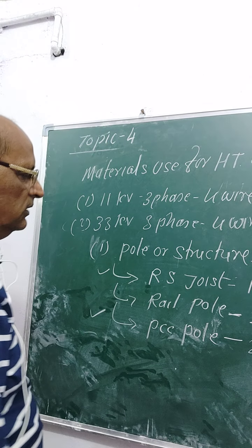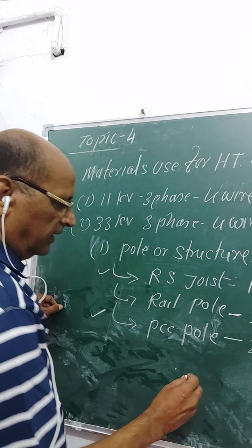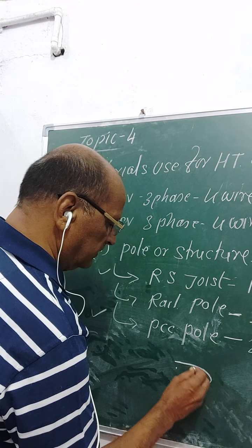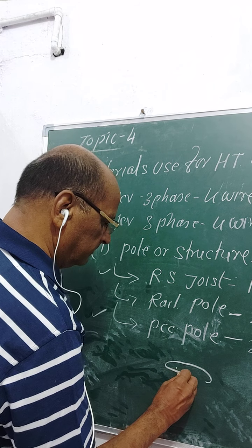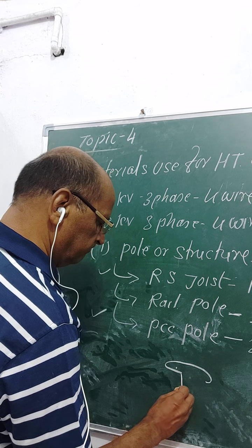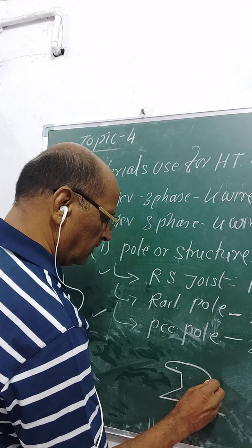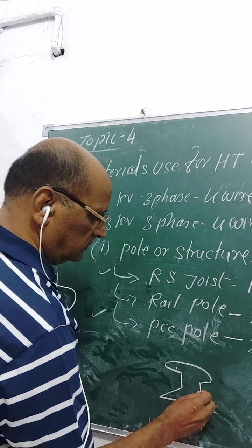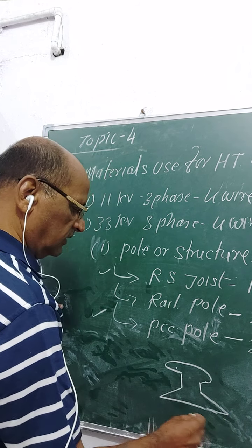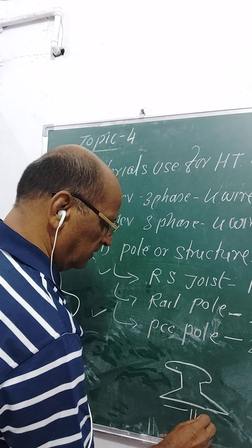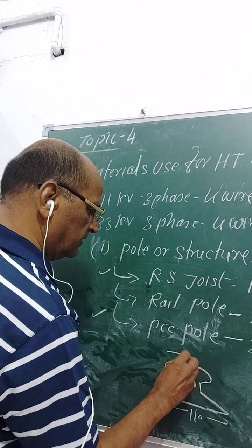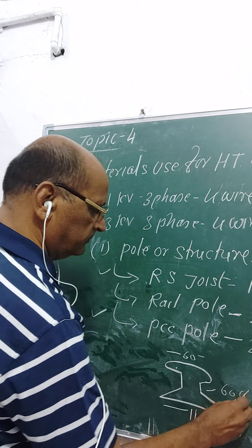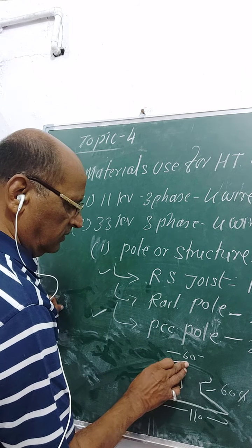Similarly, rail poles are used on railway track. They have this type of structure. So this is 110 and this is 60 and this is also 60 dia. So this is the rail pole.